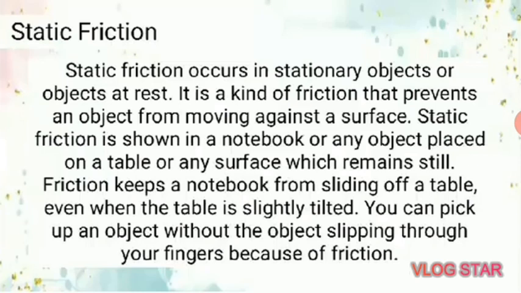So next one is static friction. It occurs in stationary, from the word static, hindi gumagalaw, stationary objects or objects at rest. It is a kind of friction that prevents an object from moving against a surface. Static friction is shown in a notebook or any object placed on the table or any surface which remains still.